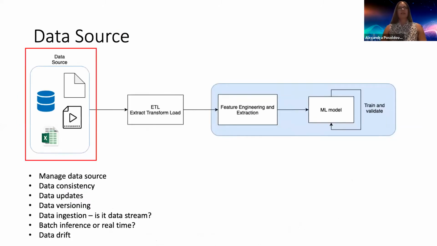So let's start with data source. So that's a place where your data comes from. It can be database, CSV file, media file, Excel, JSON, anything. So you need to manage your data source, manage the space. If you manage the hardware, making sure there is enough space as your data is growing, making sure the data is consistent.